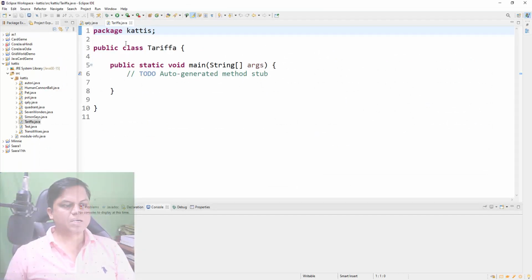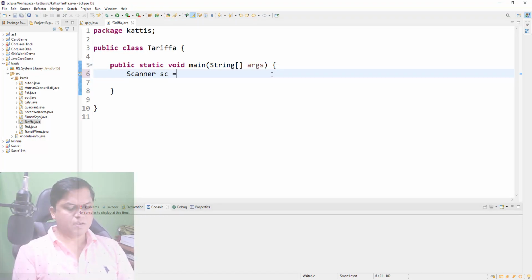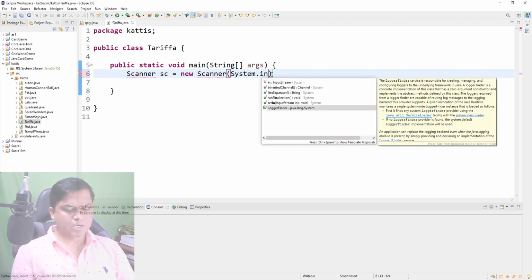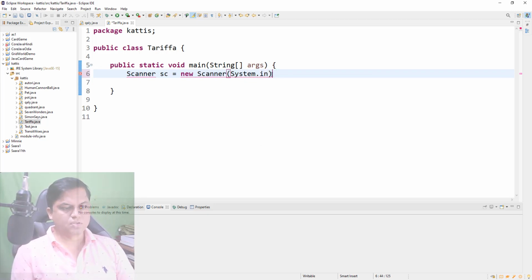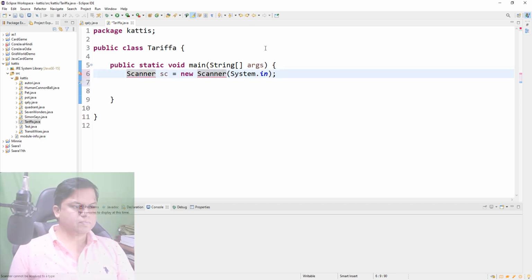So I have created a class Tarifa, and I will write here: Scanner sc equal new Scanner(System.in). I will accept the input. And it is showing me an error.